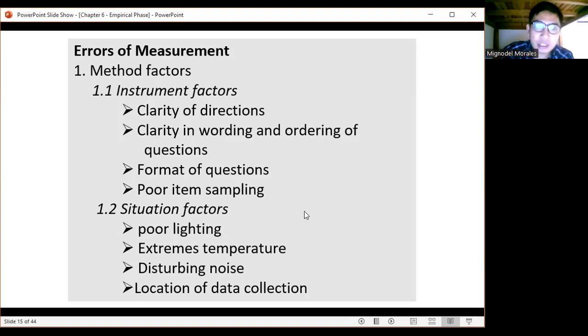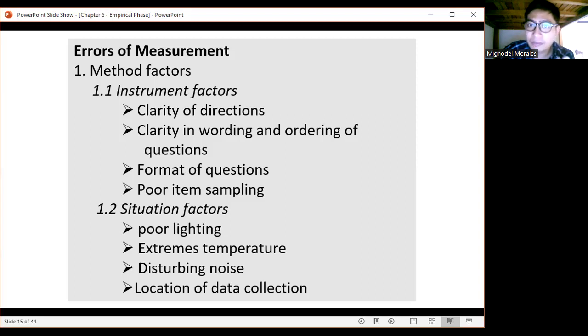Okay, so situation factors, these are also affecting the errors of measurement, because if there's poor lighting, they cannot read, no? They cannot read the text. Or with extreme temperature, if it's more on the qualitative, more on the interview part, they tend to be irritated.